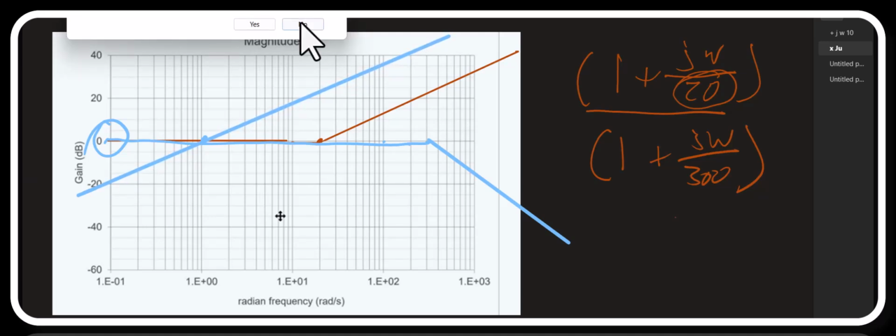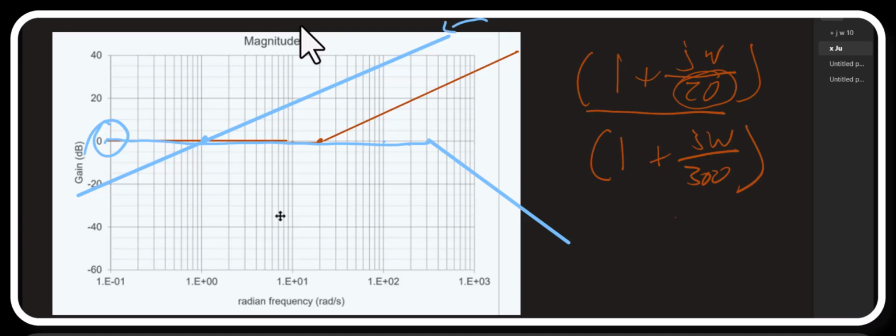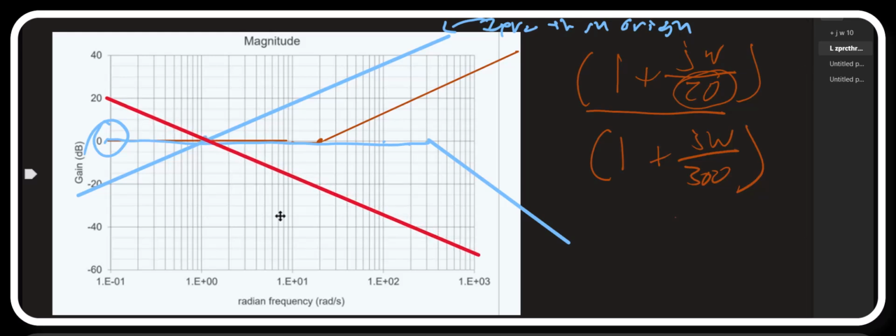So it looks like that. That's a 0 through the origin. And if I have a pole through the origin, it has a slope of minus 20. So it looks like that.